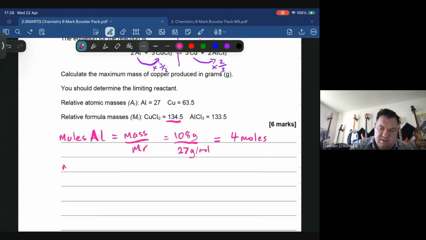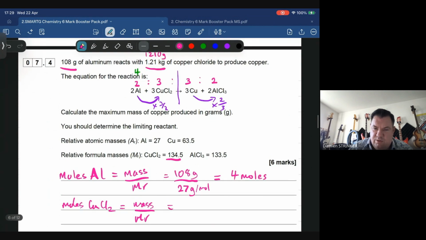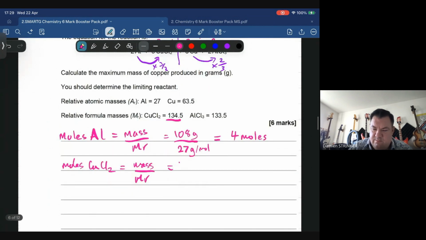So moles of CuCl2, same again, mass over MR. So the mass of it is 1,210 that we converted earlier, divided by 134.5 grams per mole. So work that one out and come back to me.